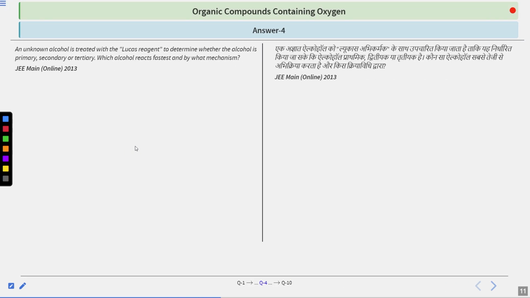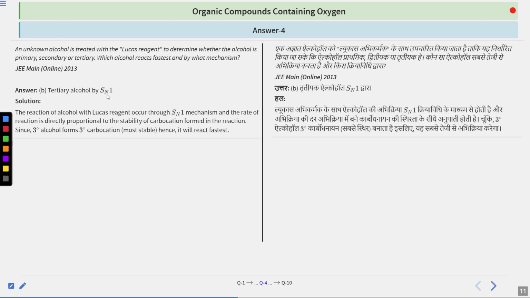The correct answer for the given question is option B, that is, tertiary alcohol by SN1 mechanism. The reaction of alcohols with Lucas reagent occurs through the SN1 mechanism. This is confirmed.